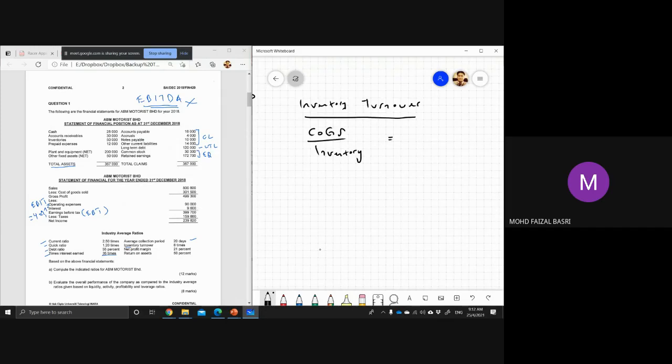The cost of goods sold is the 301,500, and the inventory, we look in the balance sheet, is 50,000. So 301,500 divided by 50,000 gives you 6.03 times.